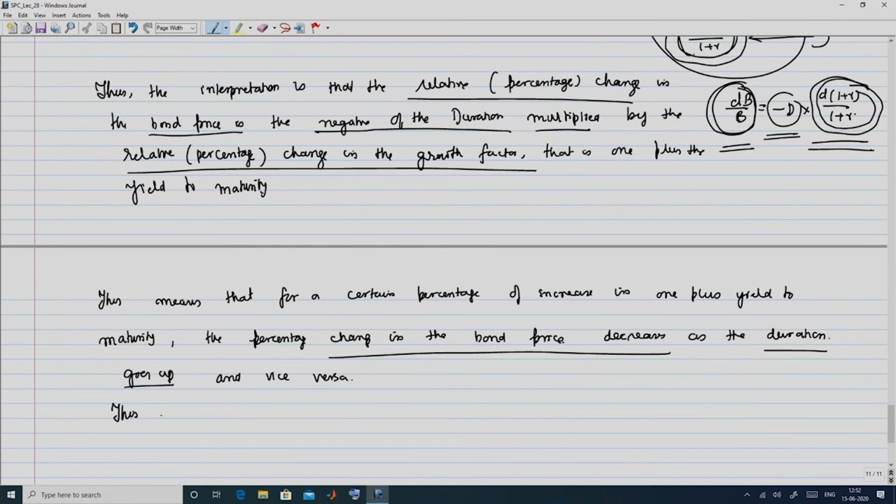Further, this in turn means that a bond with low duration is desirable from the point of view of the bond purchaser.